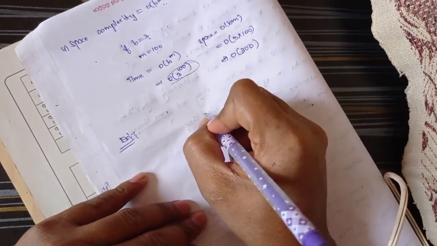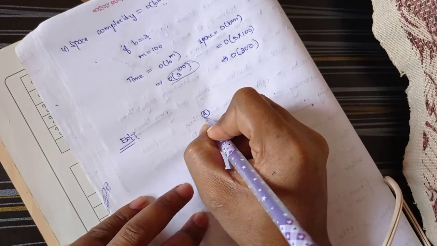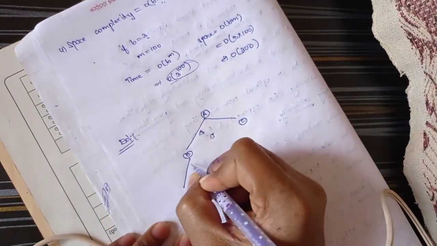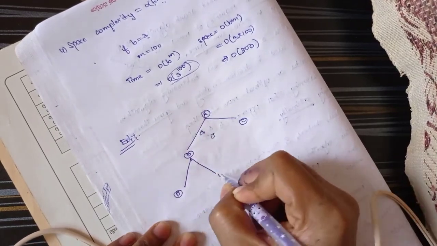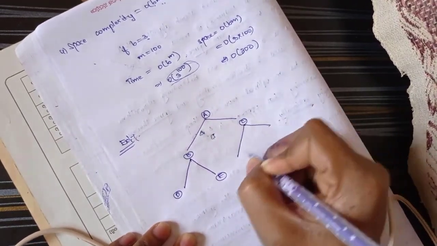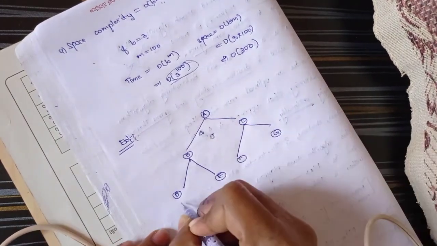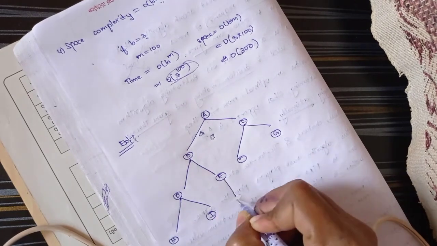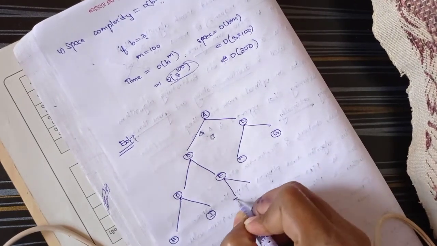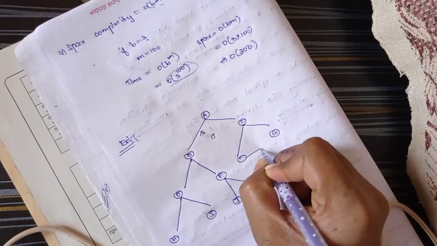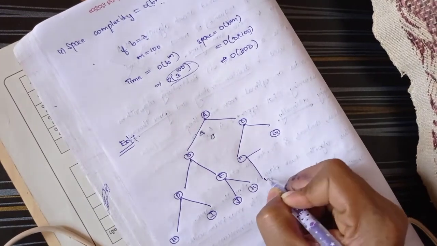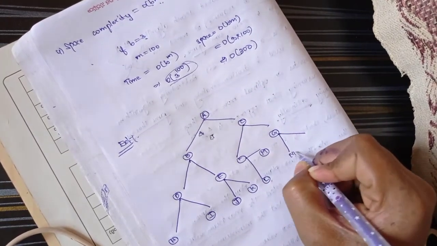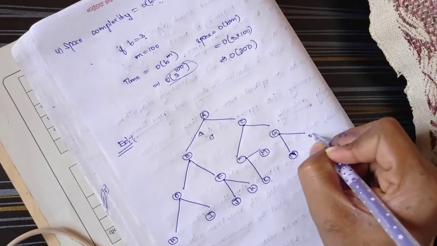So this is the starting node A, B, C, D, and so on up to N and O. So consider this as a tree.